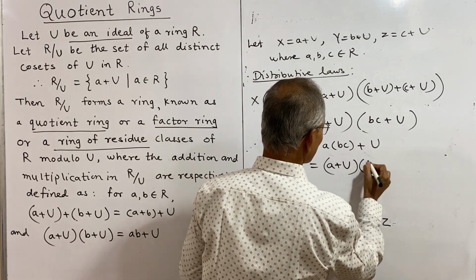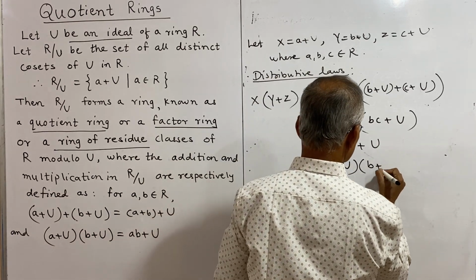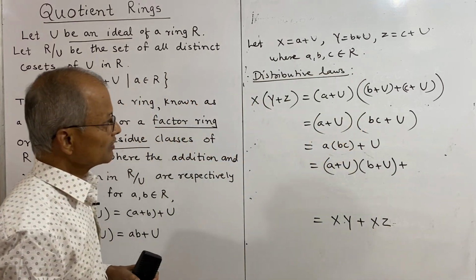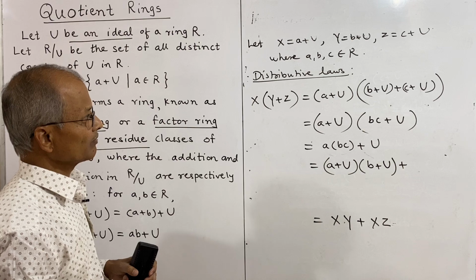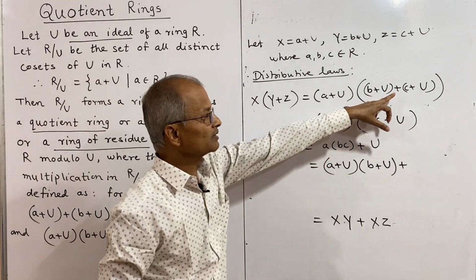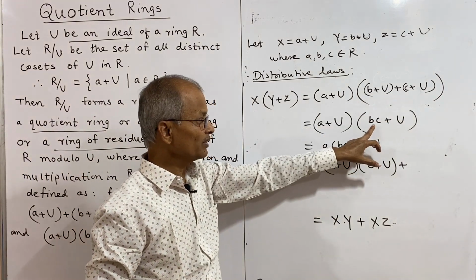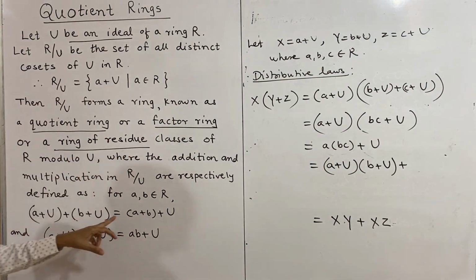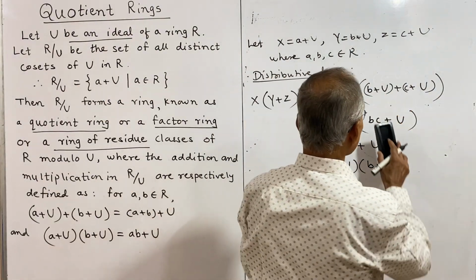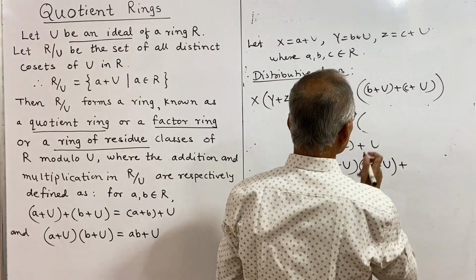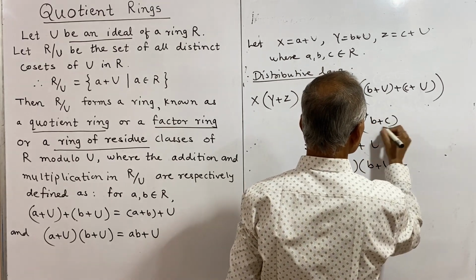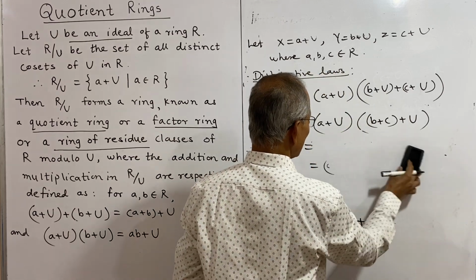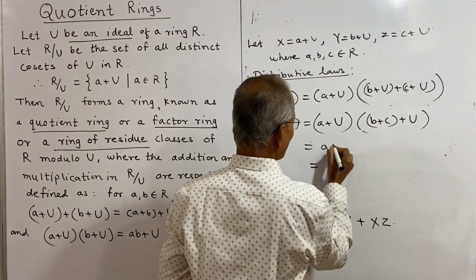and y is b + U. And see, one thing, we have made a mistake here. It is addition, and therefore this is not bc but b + c. There is addition of a and b here, it is addition of b and c. So this must be (b + c) + U, and therefore this is actually a(b + c).